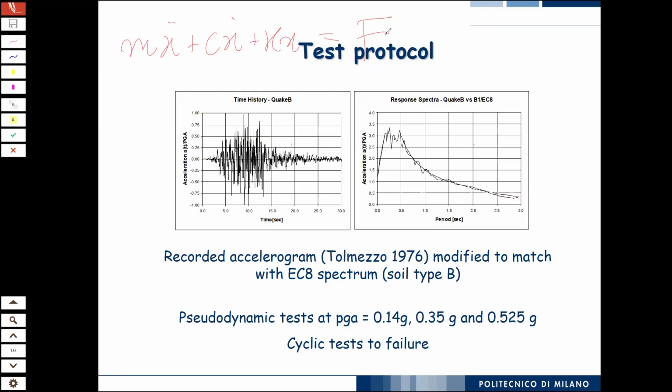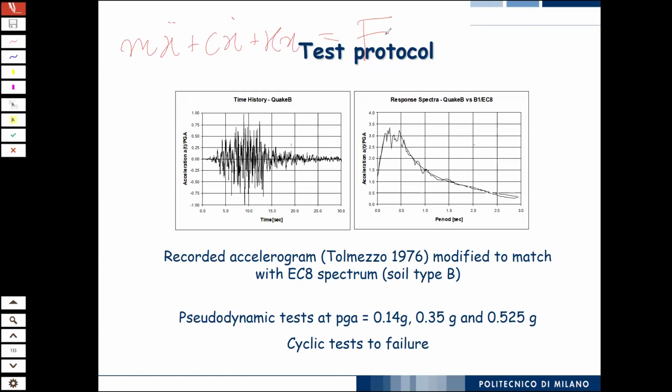The f is this, okay? And so what does it do? You start by assigning the first step, and you record the elastic reaction of the structure. Then you integrate that equation, and you compute what is the next step that I have to give.